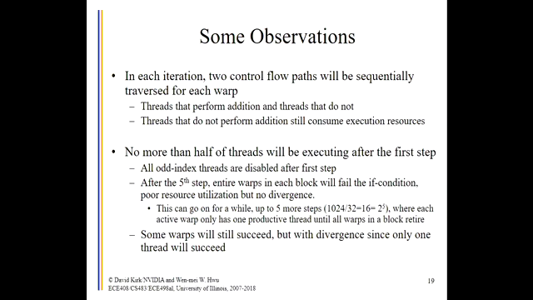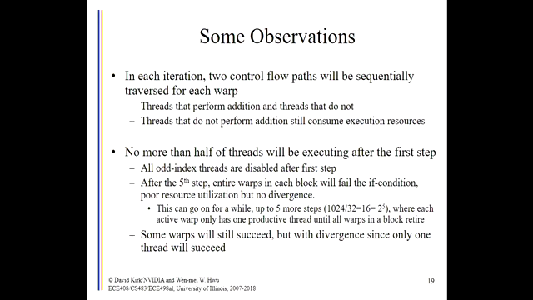And the control divergence is such that only one thread will be active, and the other 31 threads will be inactive. So every time you take the warp into execution, you only have one thread making progress, and all the other 31 threads will still be using execution resources, but they don't produce anything. So this is a very, very inefficient way of using your execution resources, right?